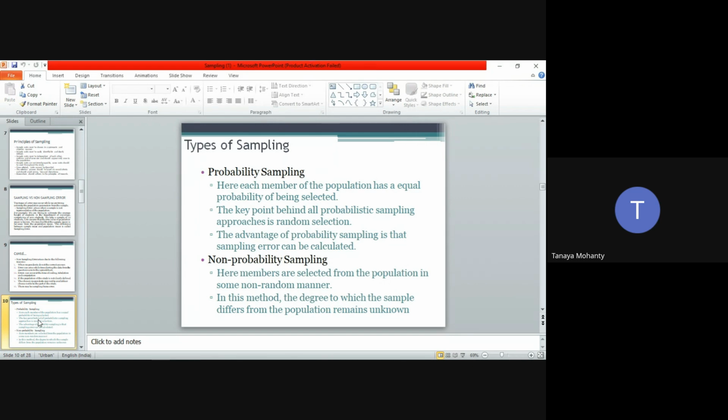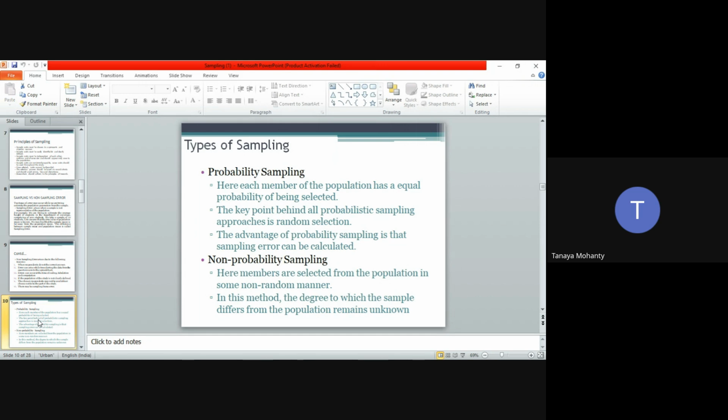The advantage of probability sampling is that sampling error can be calculated. So, most important, you have to keep in mind that each member has an equal and a known chance of being selected. Approaches are random sampling, and the advantage of probability sampling is that sampling error can be calculated easily.